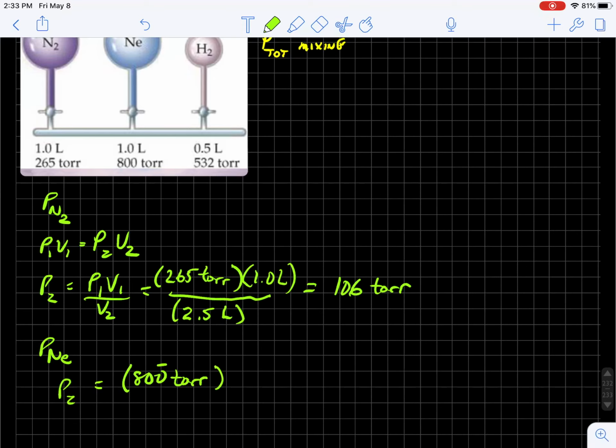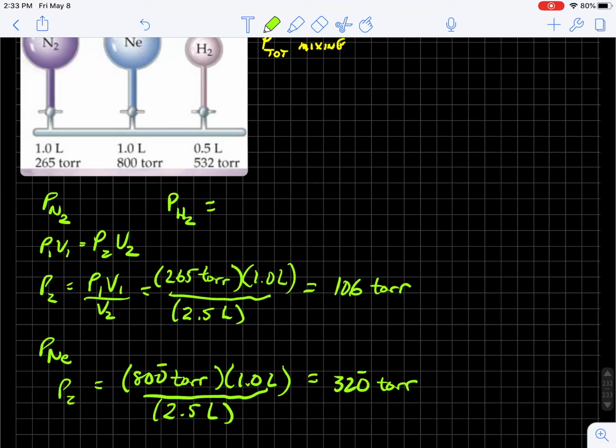Let's assume it was 3 sig figs, so I'm going to put a little bar over the 0 to assume, again, that they were talking about 3 sig figs. I'm limited in the pictures that I steal from the internet. And our new container is now 2.5 liters. So again, we do 800 divided by 2.5, and we get 320 torr. I'm going to put a little bar over the 0 to remind me that that 0 is actually significant.